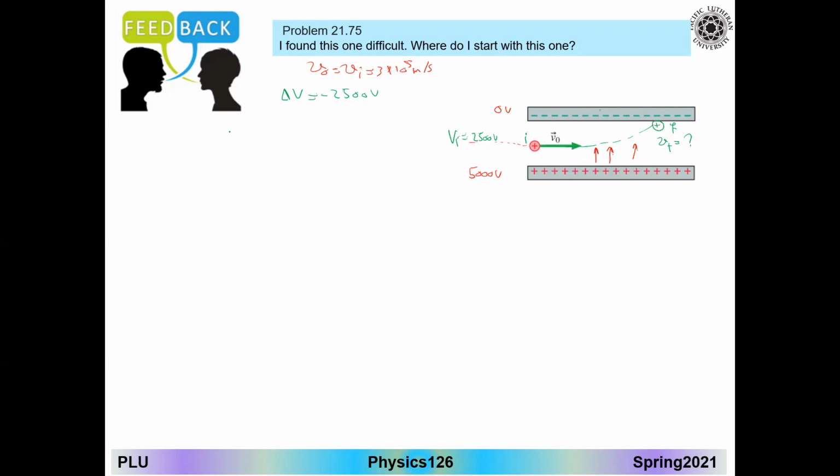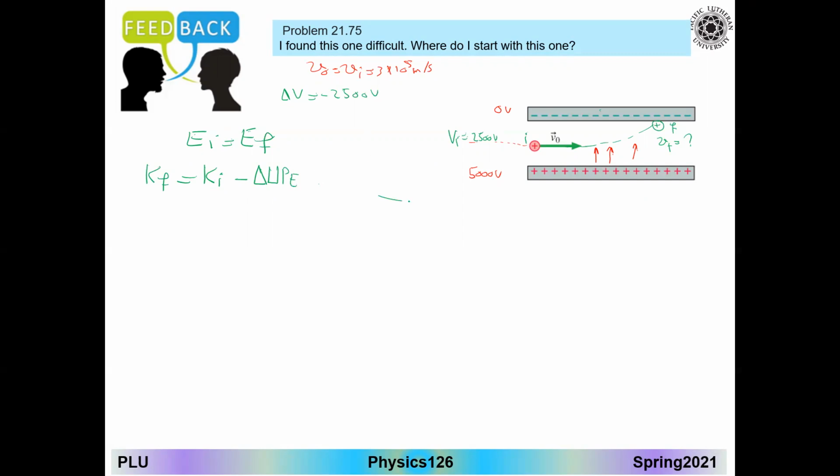Now, we're going to start with the conservation of energy. E initial equals E final. Where is the energy here? We have kinetic energy plus the potential energy. I can rewrite my equation as K final, the final kinetic energy, equals the initial kinetic energy based on the initial velocity, minus my delta potential energy.